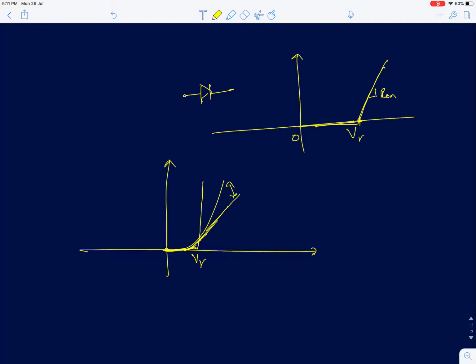But as you see here, the error between the actual curve and the model curve is going to increase exponentially as you increase the input voltage.